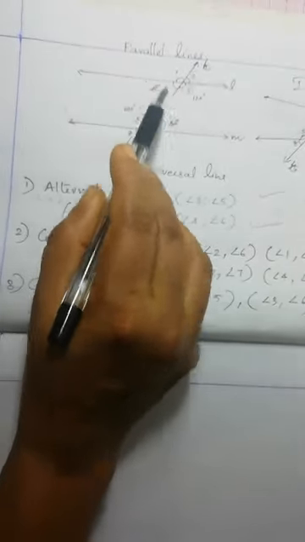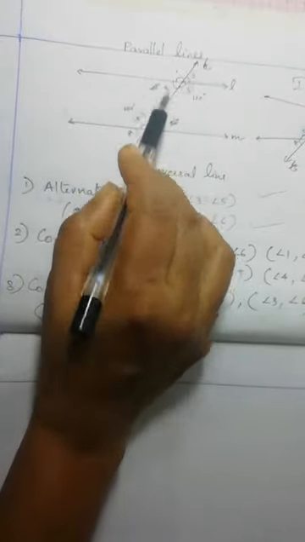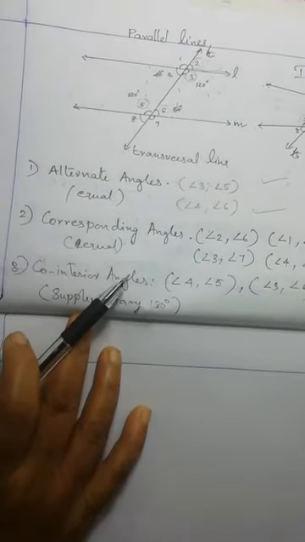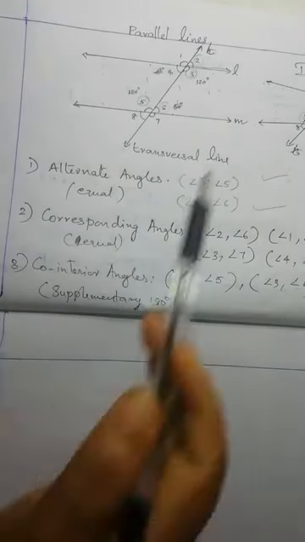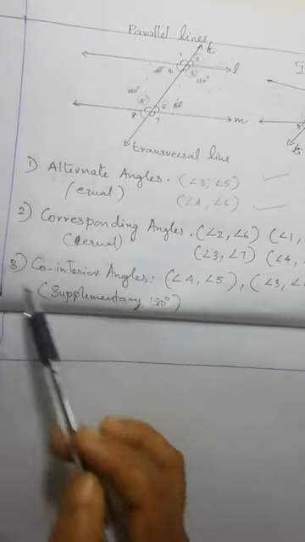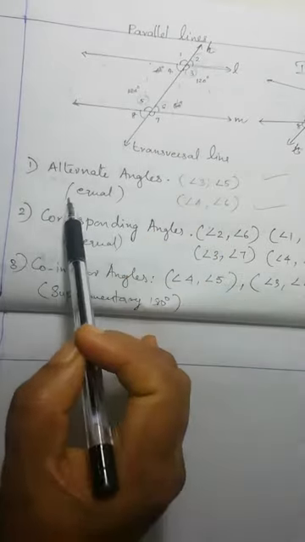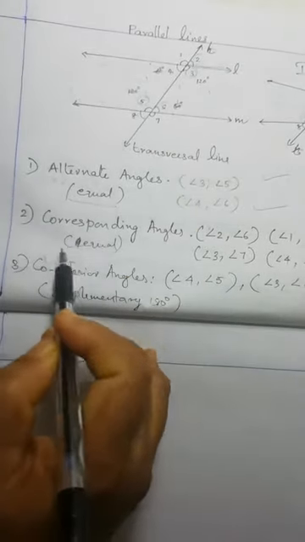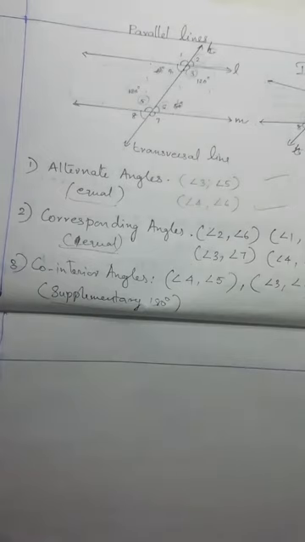So it is 60. Then these two angles are alternate angles. This is also 60. Like this we can calculate easily. So in both cases, all these angles are forming, but only in the parallel case is this speciality there. Okay. This is the main thing you have to study in this section.